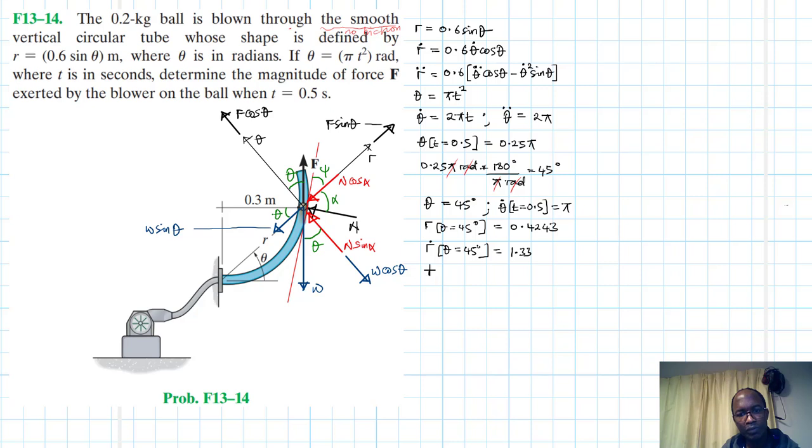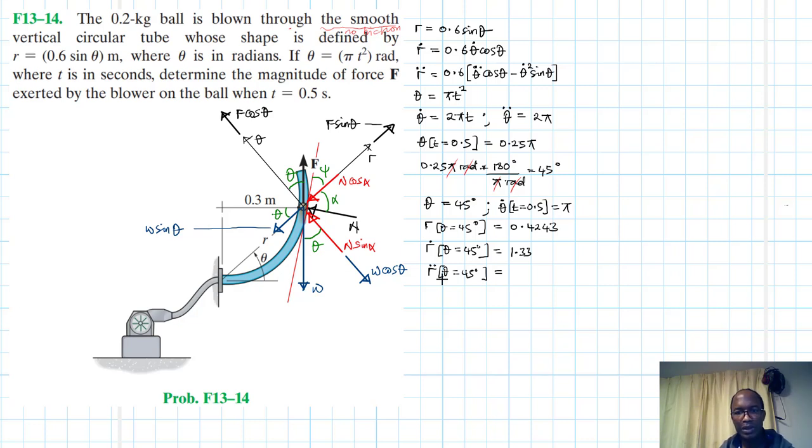Okay, then r double dot at theta equal to 45 is just equal to theta double dot, so we have 2 pi cos 45 minus theta dot squared.